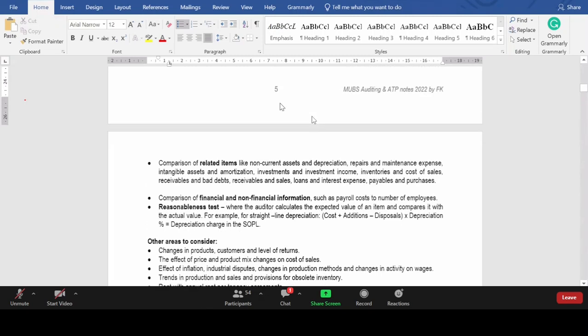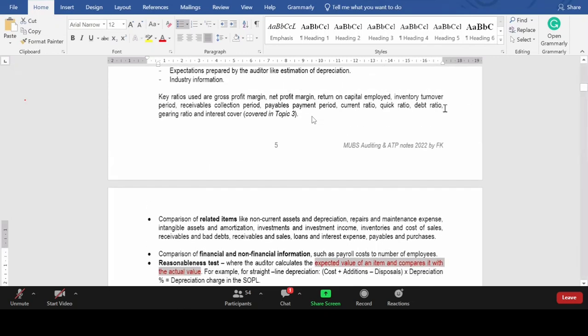And then you also do reasonableness tests. Reasonableness tests, here we use our judgment as auditors and look at the expected values of the items and compare with the actual. Expected with the actual. I've already explained, given examples here. So all these are examples of analytical tests.